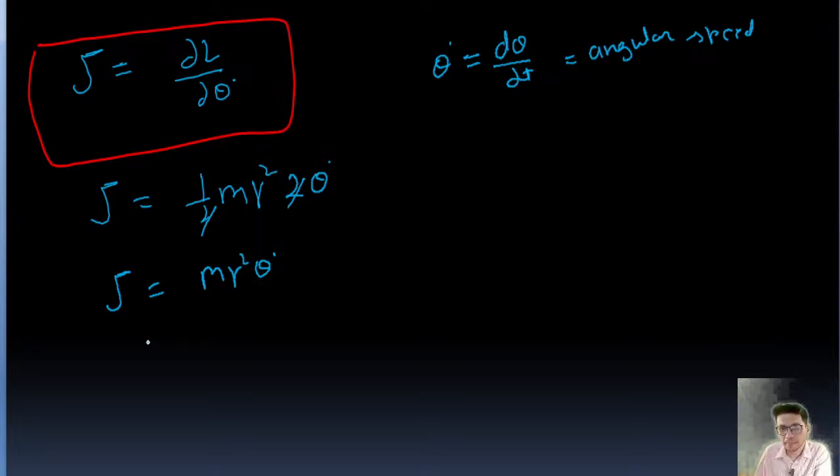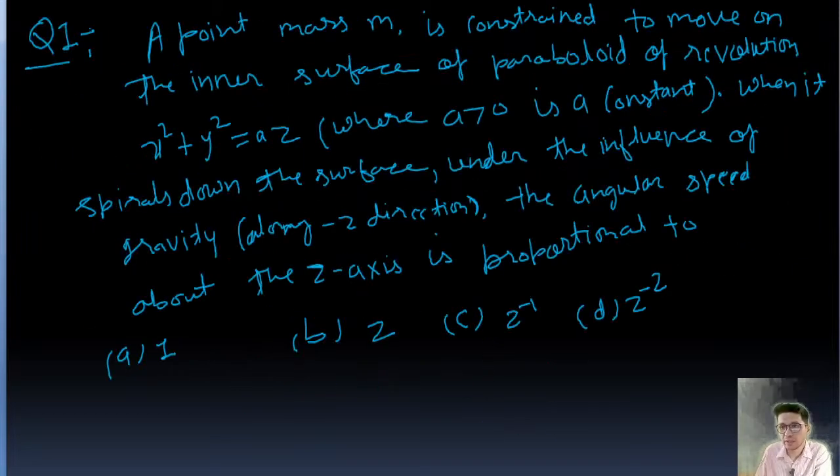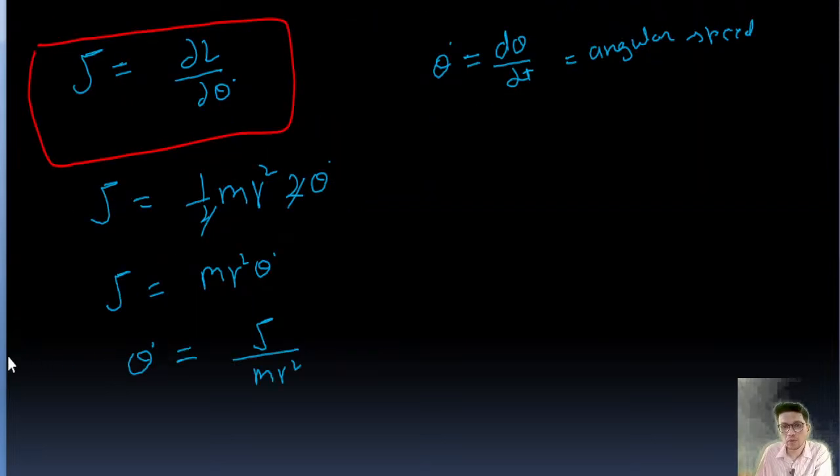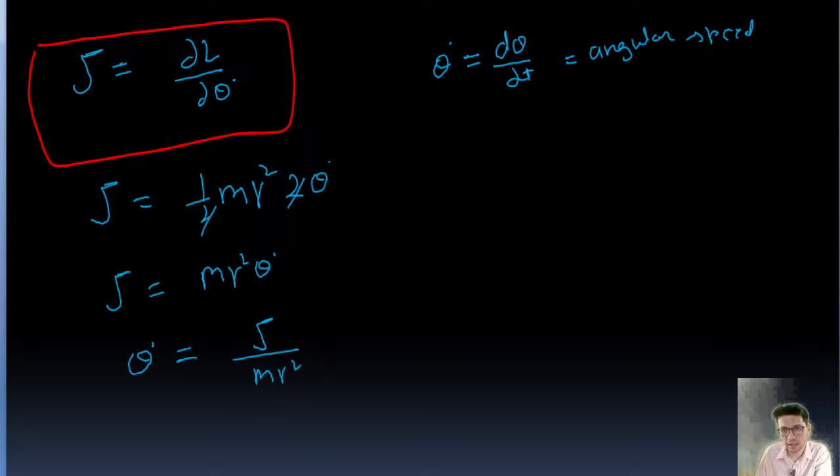So from here, theta dot is going to be J upon m r square, and that is what we need to find out, the angular speed. Now the value of r square we know: r square is az, so we put az in place of r square. So theta dot is J upon m az.